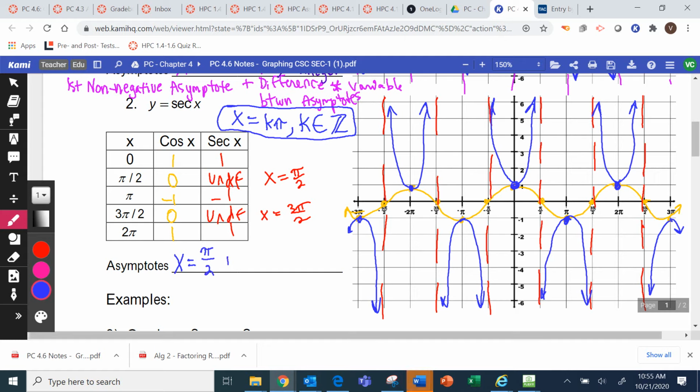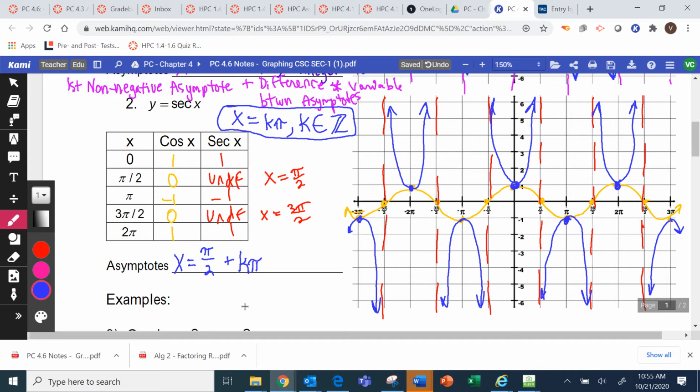And then we have to add on how far apart all the asymptotes are multiplied by k. So Liam, how far apart are these asymptotes? So I'm going to say k pi. But that's not enough.